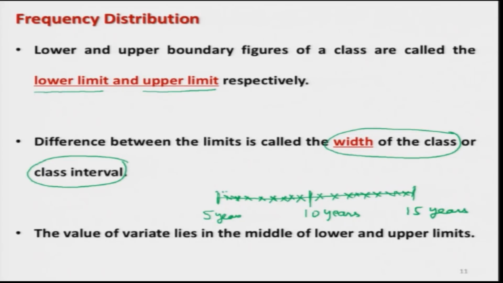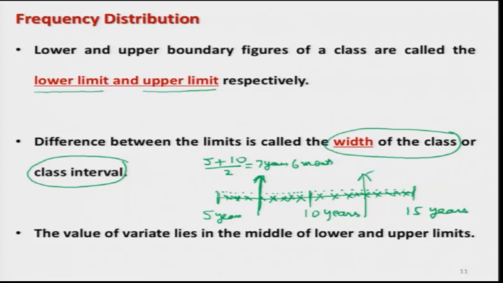So, all these values are lying in this interval at different locations, but we assume that once they are grouped, then all are going to lie in the mid of the interval, and the mid of the interval is simply going to be 5 years plus 10 years divided by 2, which is equal to 7 years 6 months.